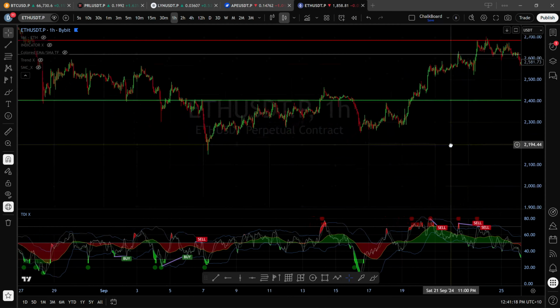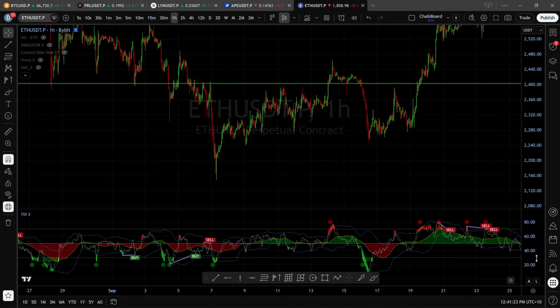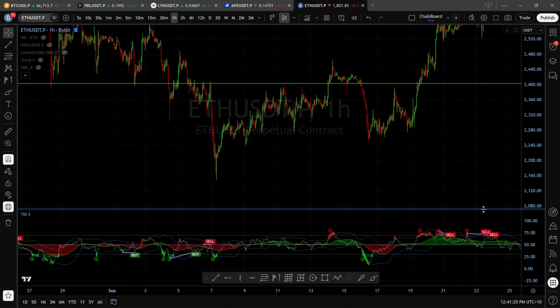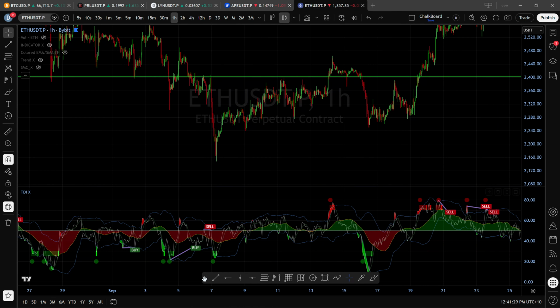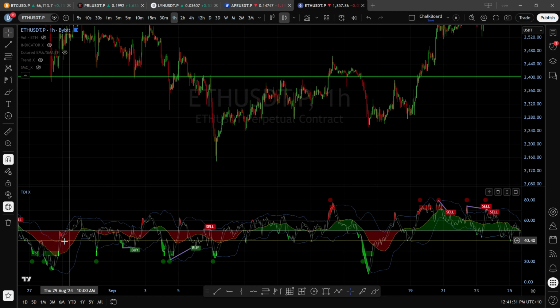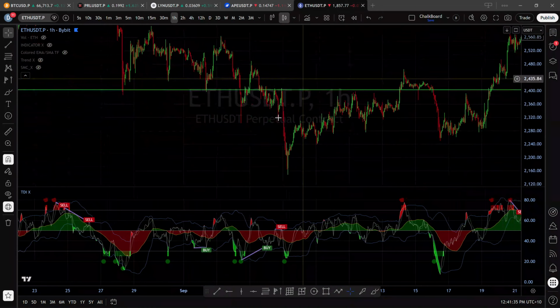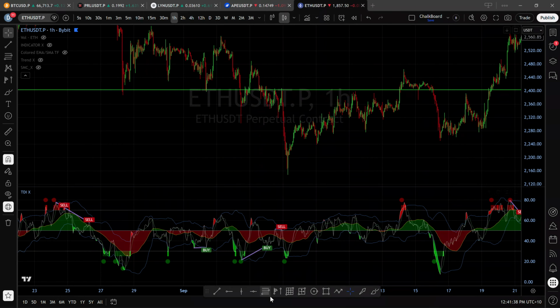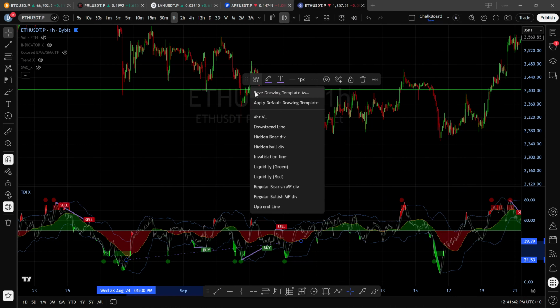And then sometimes you get this here. Well, I'll show you the difference real quick if you're using TDIX and what you can do. So you've had a kind of downtrend here, but you had a bullish divergence on the money flow.